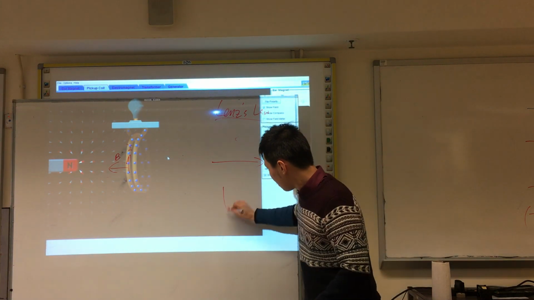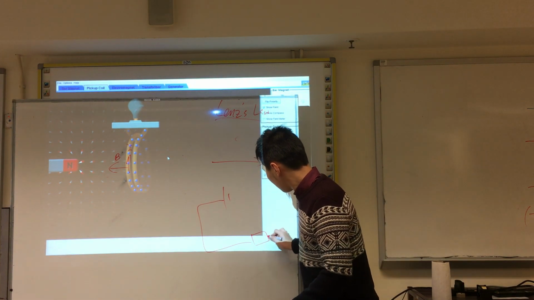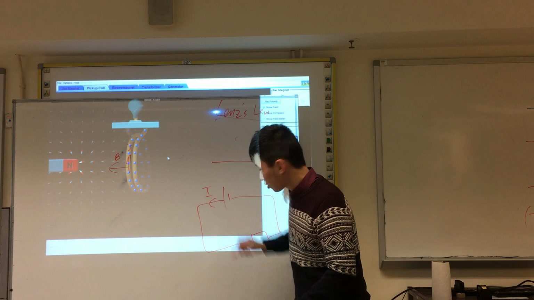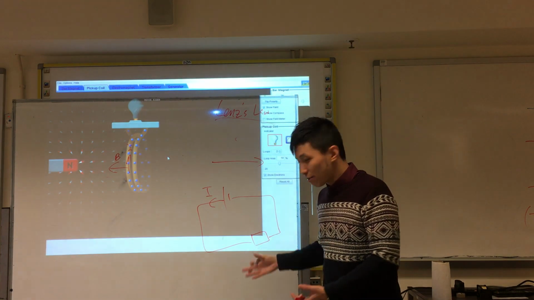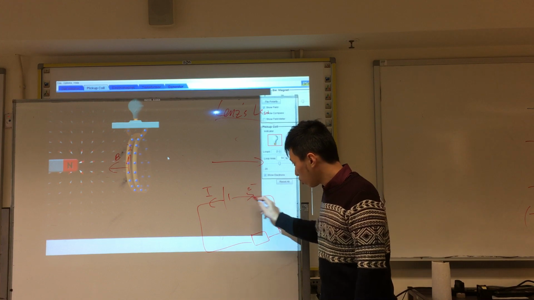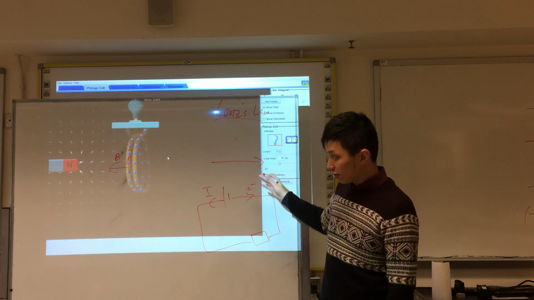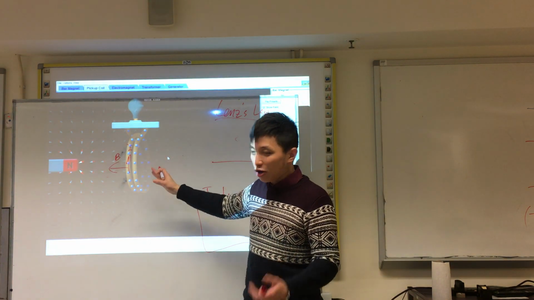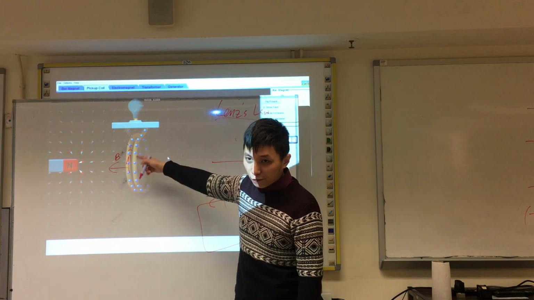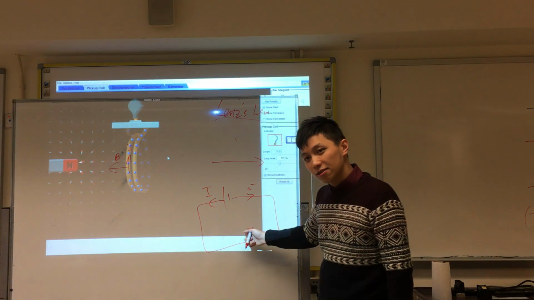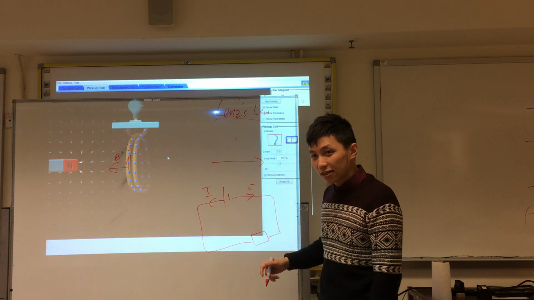People define in a circuit that this is how the current comes out. But what happened at the end, we will realize it's an electron moving in the opposite direction. So that's why the simulation is a bit confusing when you look at the direction of current and the electron flow being opposite. But that's what happens in reality as well.